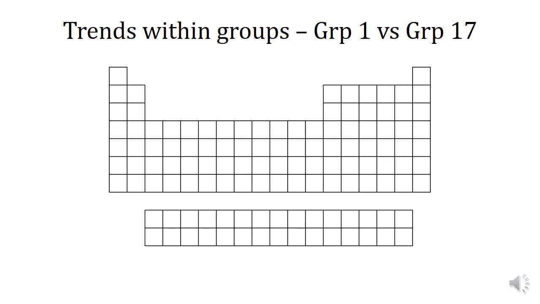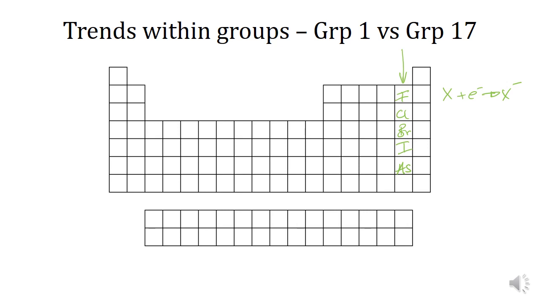Okay, so within the group, we've got different trends. Let's start with our halogens, which is group 17. That's fluorine, chlorine, bromine, iodine, and astatine. These guys react by gaining electrons to form negatively charged ions.